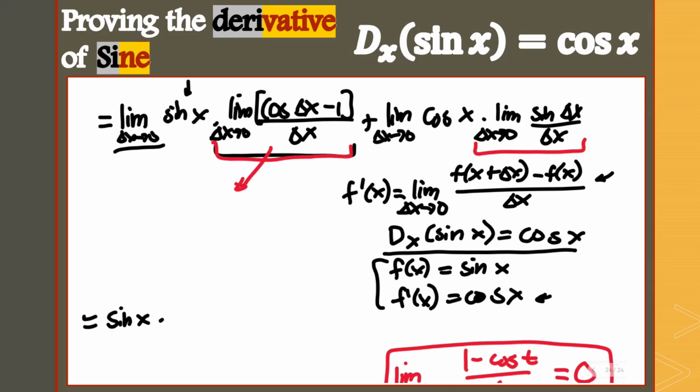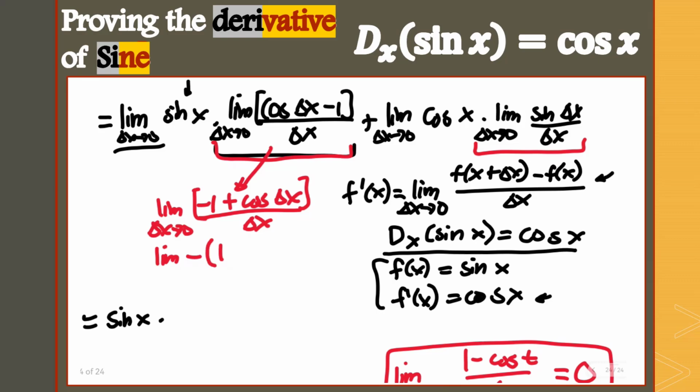Because if we interchange the notation of the numerator, we have here the limit of negative 1 plus cosine delta x over delta x as delta x approaches 0. If we take out the negative, we'll have a negative value of 1 minus cosine of delta x over delta x as delta x approaches 0.